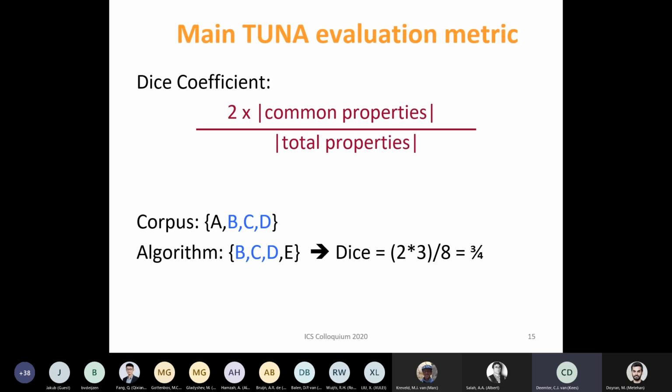Use 4 attributes, A, B, C, and D. Your algorithm produces a referring expression that uses B, C, D, and E, right? And then there's a metric for computing the overlap, right? And in this case, it tells you that the two have a similarity of 0.75.